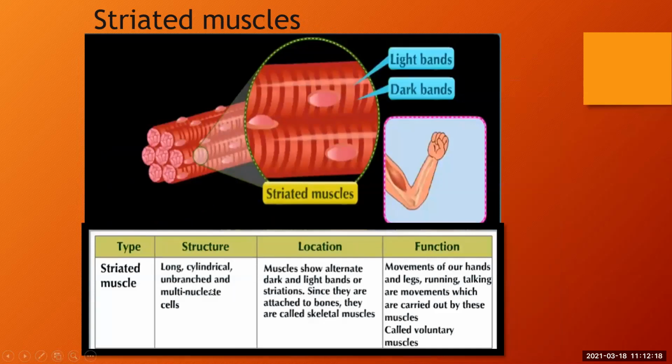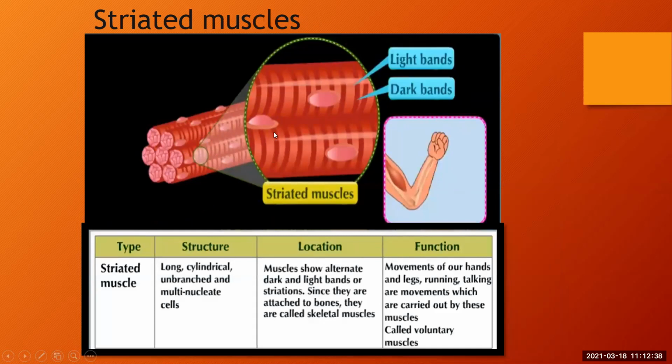The structure of striated muscle is long, cylindrical, unbranched, and multinucleate cells. As we can see here, they are multinucleate, there are many nuclei present. Then muscles show alternate dark and light bands or striation.